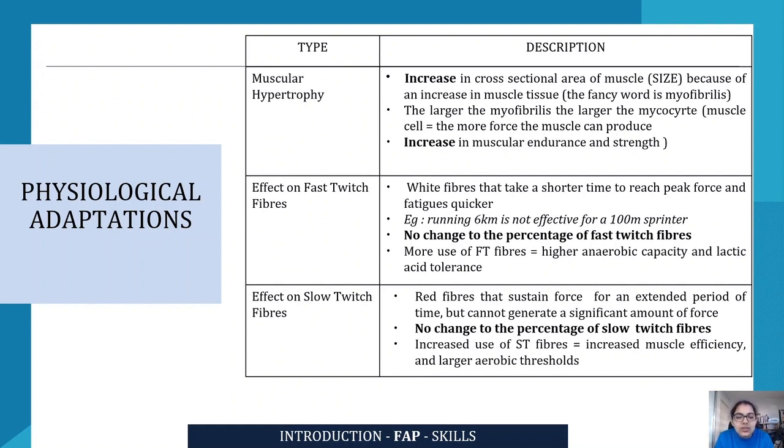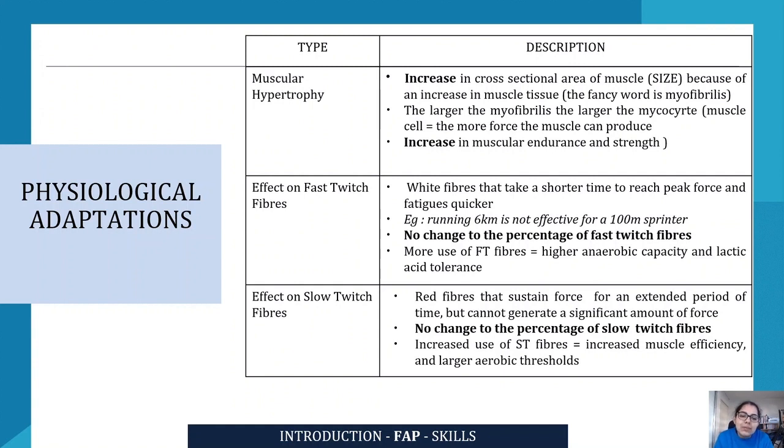Looking at fast twitch muscle fibers now. So the effect on fast twitch fibers as a result of training: fast twitch fibers are your white fibers. That is because the blood supply is very low and they don't have much mitochondria either.